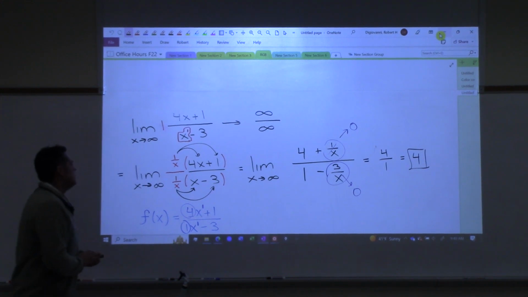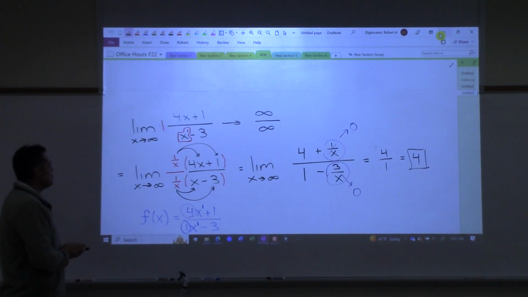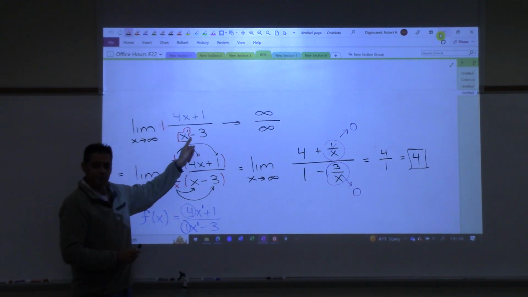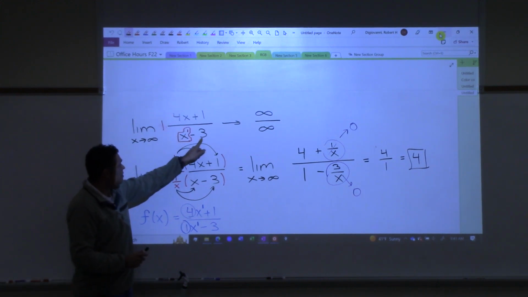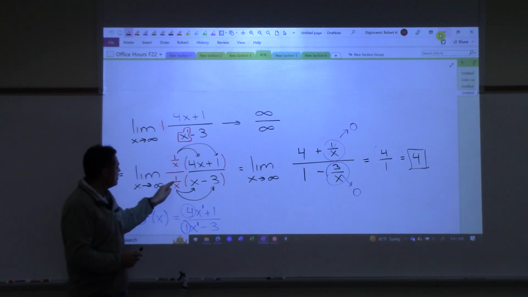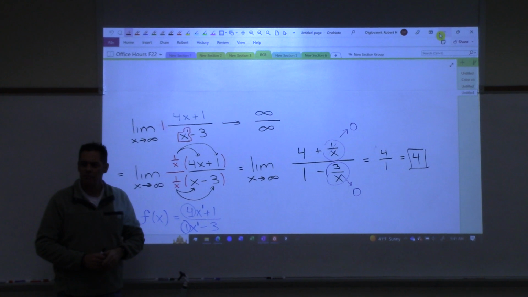All right, I want to revisit this again. This is like a deeper question. I'm not sure who's going to understand this or not. Why do I look at the bottom when I'm doing these problems? Why do I look at the bottom and find the highest power of x and then come through with something that will make it go away? Why? So you can make it into a 0.